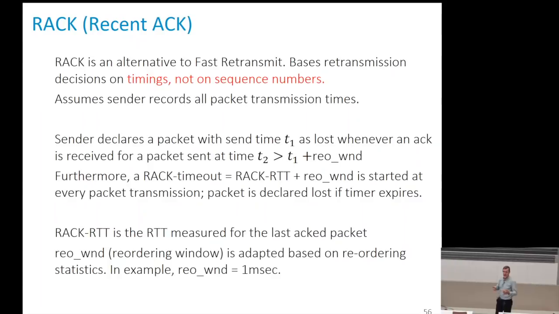Many of the heuristics are based on counting how many duplicates you receive. If you receive many duplicates, then you consider there is a loss. But some people here at Google, I believe, made the observation that this is not, in fact, a good symptom, because the reason we might want to not retransmit as soon as we see a gap in the acknowledgements is because we think there might be reordering. Right?